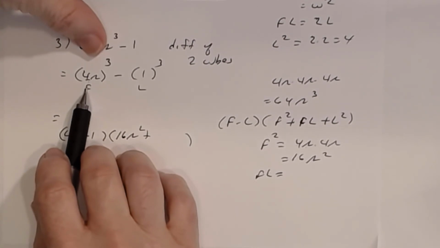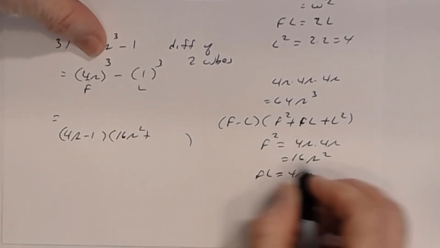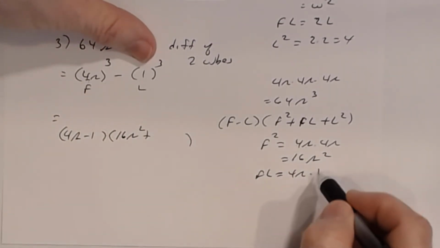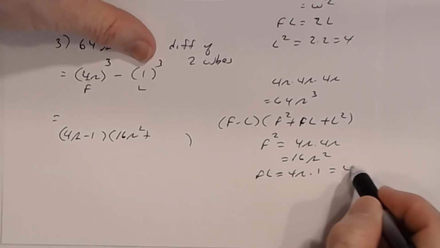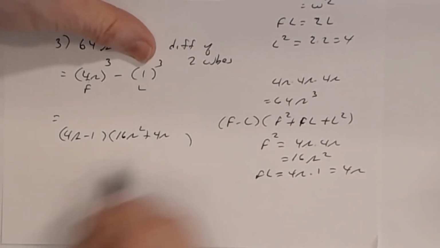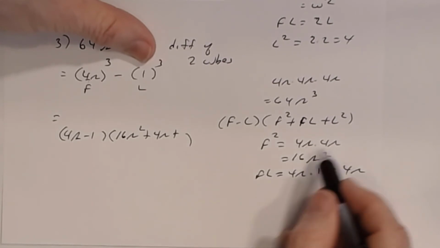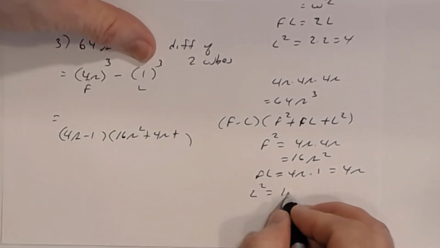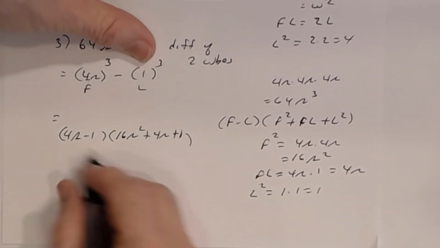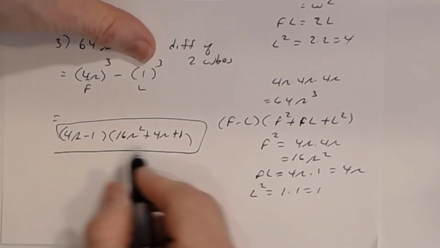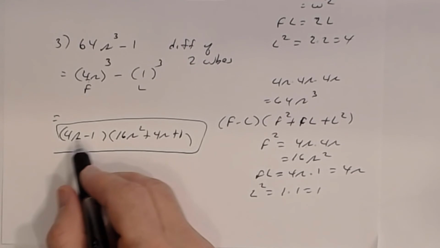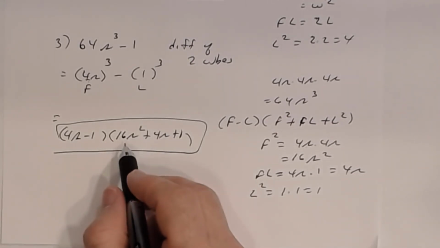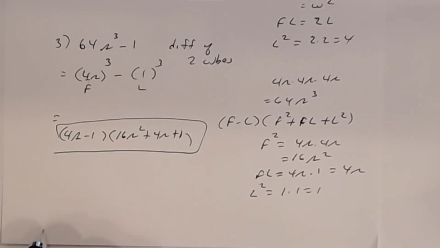Well, f is 4s times l, which is 1, so 4s times 1 is 4s. So that goes here. And then plus l squared. L is 1, so 1 times 1 is 1. And there's your answer: 4s minus 1 times 16s squared plus 4s plus 1.